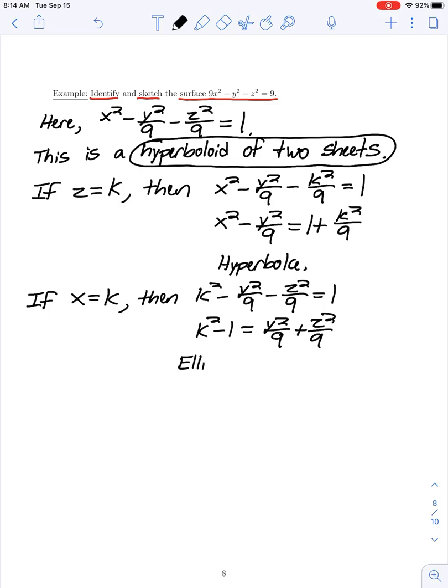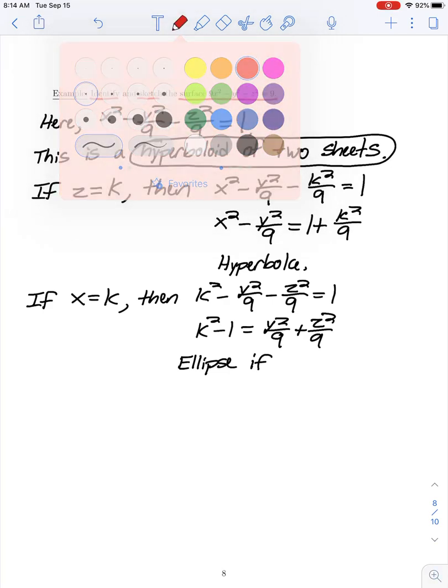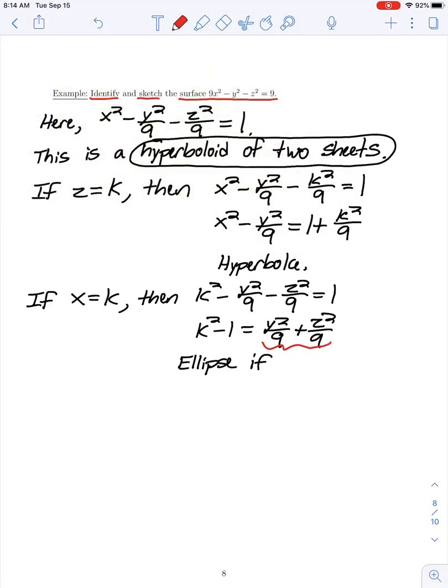So this equation would represent an ellipse as long as this sum of squares on the right-hand side is equal to some positive number. So we would have an ellipse if this k squared minus 1 is non-negative, or equivalently if the absolute value of k is greater than 1. So this is why it will be a hyperboloid of two sheets. There are certain values of k such that my surface will not intersect a plane of the form x equals k.